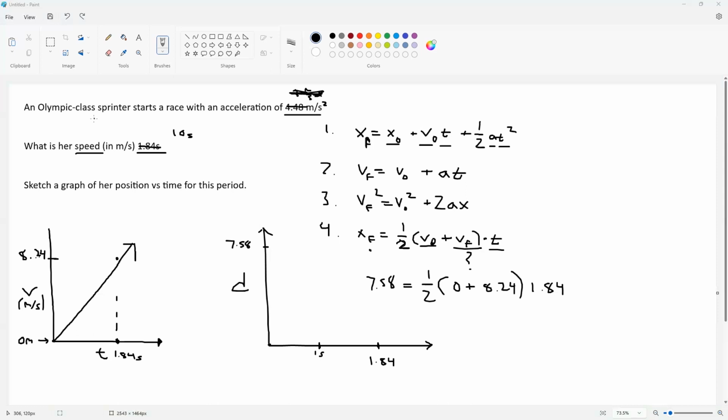Acceleration. What's the... oh yeah, 4.48.